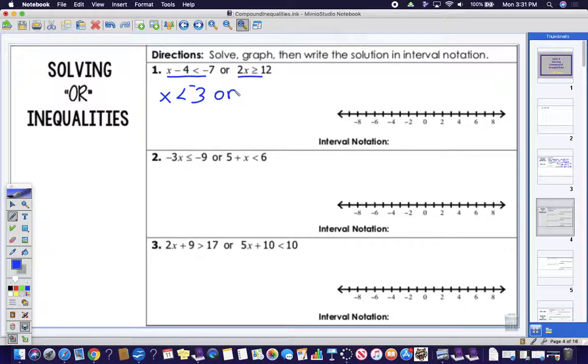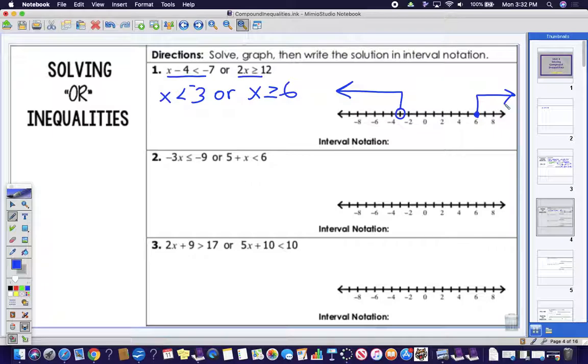Or, on the right inequality, we divide both sides by 2 because they're multiplying by 2. So x is greater than or equal to 6. We're going to graph both of them. We have an open circle on -3 with everything shaded left, and a closed circle on 6 with everything shaded right.